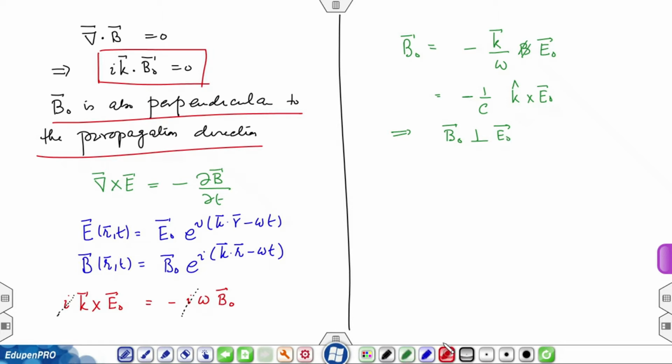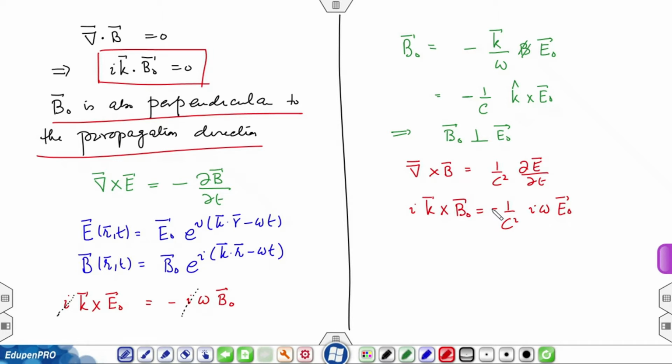Similarly, I get from the last equation curl of B equals 1/c² dE/dt. The same thing, I get i k × B0 equals 1/c² iω E0. This is with a minus sign, so I made a mistake in the beginning.